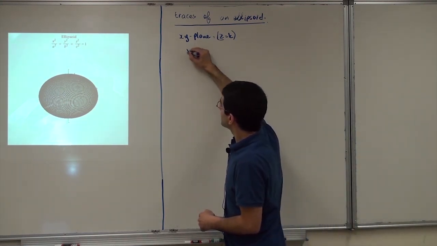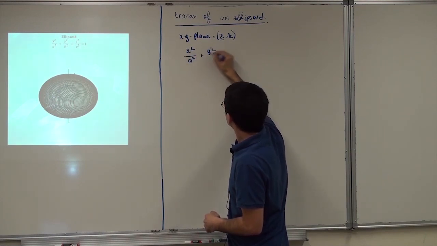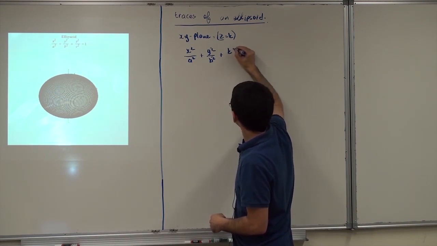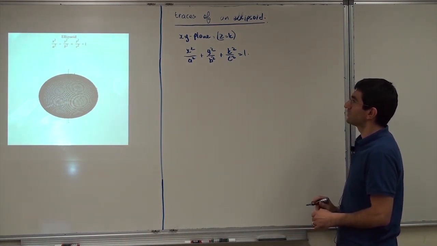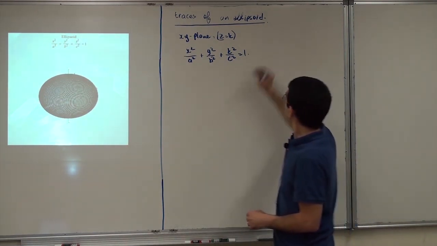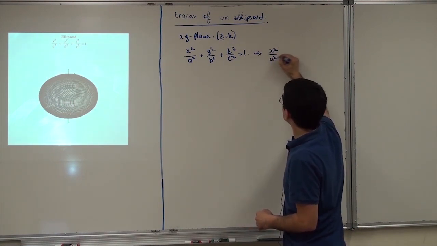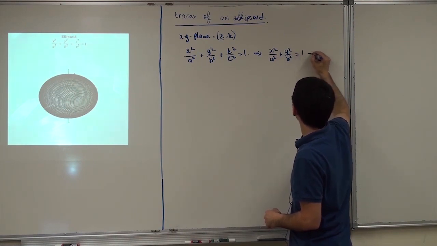So, it means that we are going to substitute k for z in the general form of the ellipsoid equation. And from here, we have x squared over a squared plus y squared over b squared is equal to 1 minus k squared over c squared.